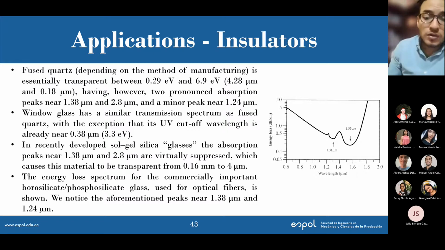Now, if you compare that traditional window glass to a sol gel silica glass, a bit more crystalline glass, you will see that the peaks you had around 1.38 and 2.8 micrometers disappeared, and that's why it is the only glass that can be completely transparent from 0.16, sorry, that should be micrometers, not millimeters, to 4 millimeters.